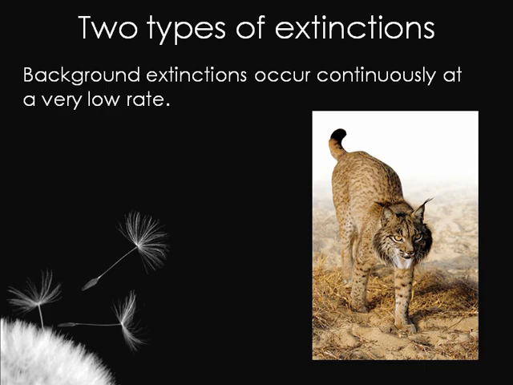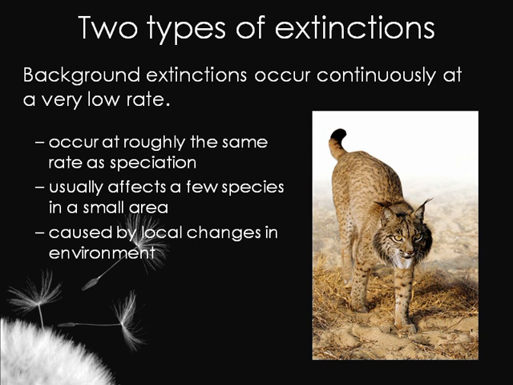First is background extinction, and background extinctions occur continuously and at a low rate. So background extinctions are the ones that are happening frequently, or rather frequently, and slowly.